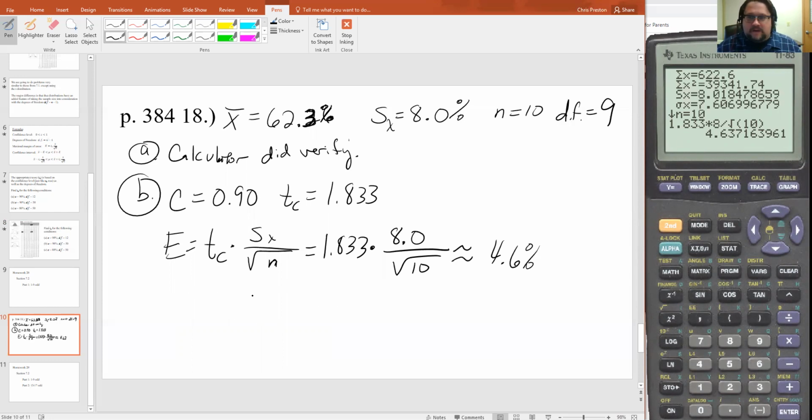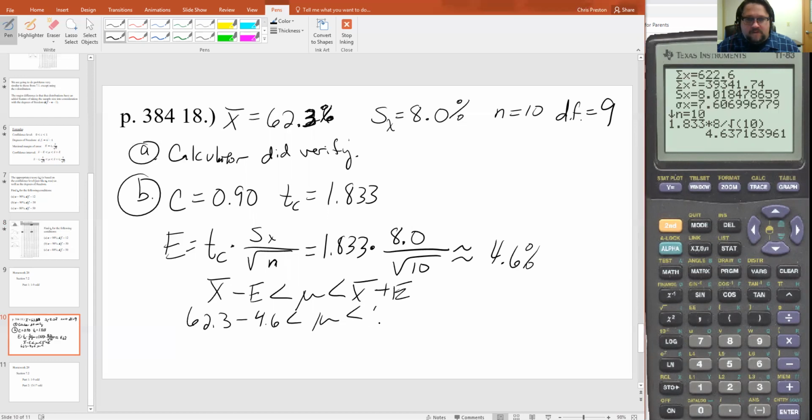So to get our interval, it's going to be our sample mean minus this error margin, and then our sample mean plus that error margin. So 62.3 minus 4.6, and 62.3 plus 4.6.